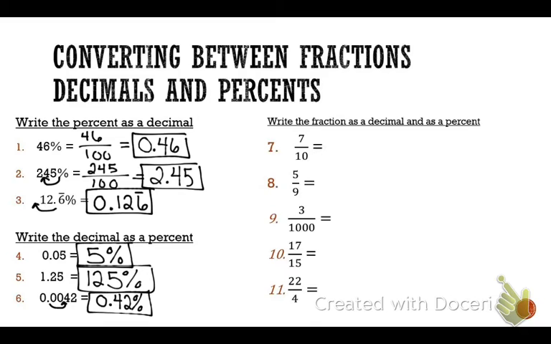Okay? All right, now on numbers 7 through 11, I'm going to write the fraction as a decimal and as a percent. So I'm going to go fraction to decimal and then decimal to percent. All right, I want you to look at your denominators. How would I read this fraction? Y'all just read it to me. 7/10.